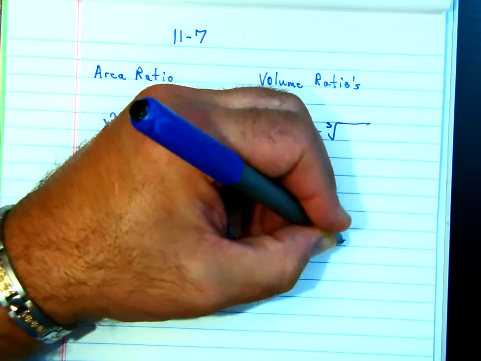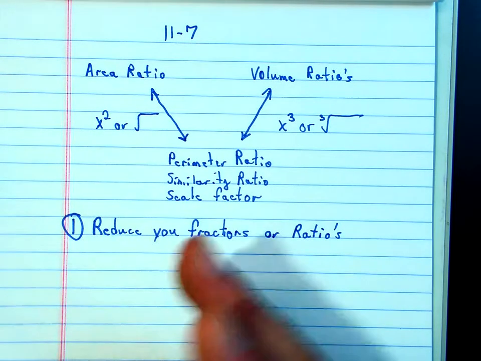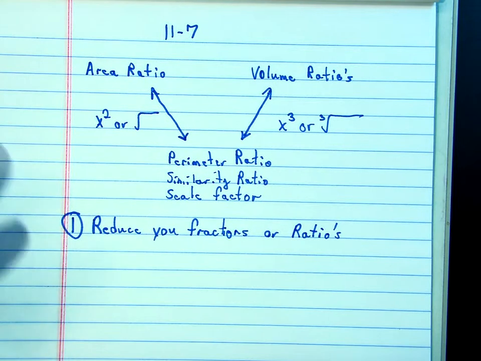Once you reduce them, then you do the math to change them. So if they give you two different areas, you find the area ratio, then you reduce that, and then you change it to perimeter by square rooting. Or you reverse it, and you write the perimeter ratios, you reduce those, and then you square them to get area.